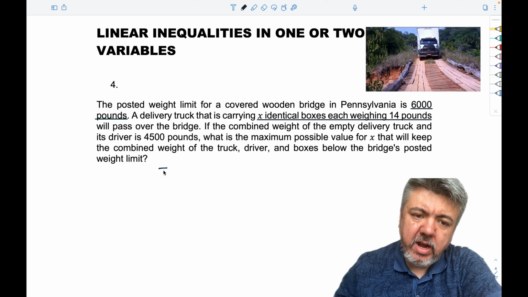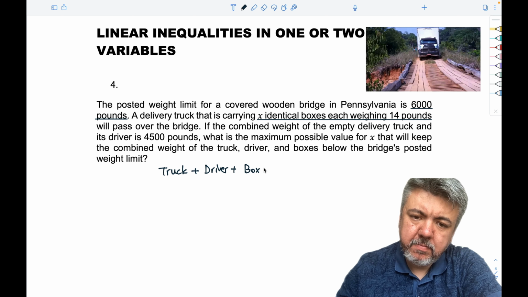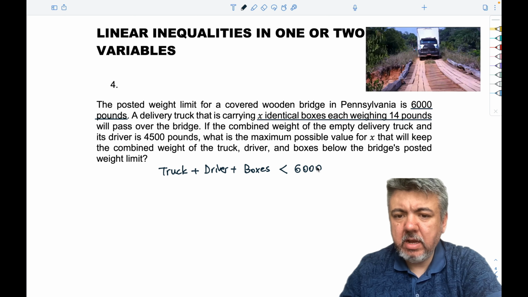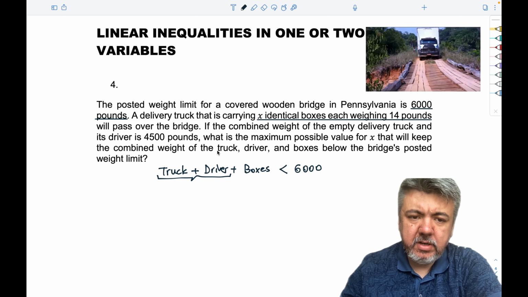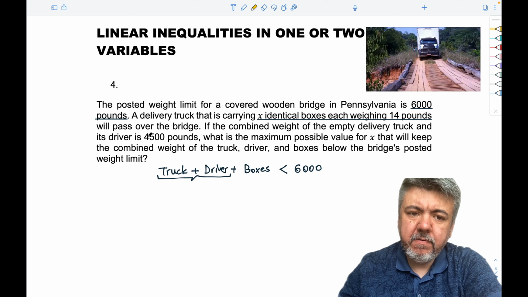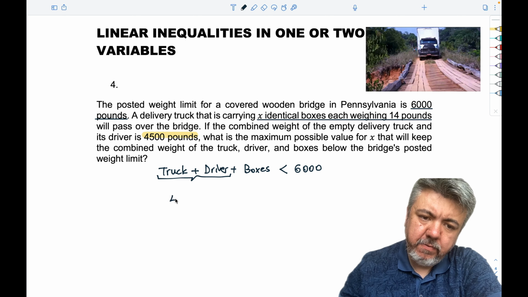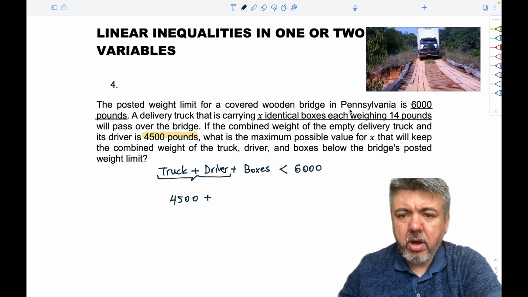So, the truck, the driver, and boxes should be less than the posted weight limit, 6,000. So truck and driver is given, 4,500 pounds, plus the boxes.